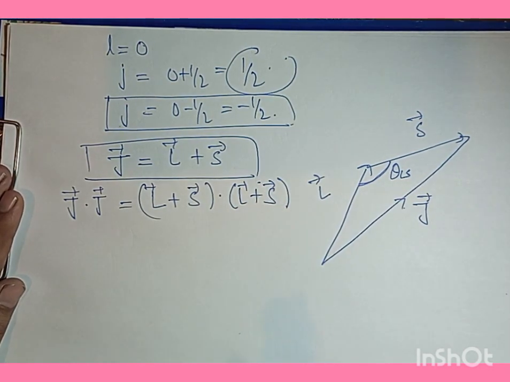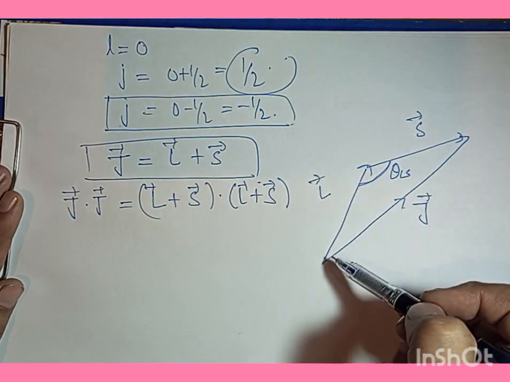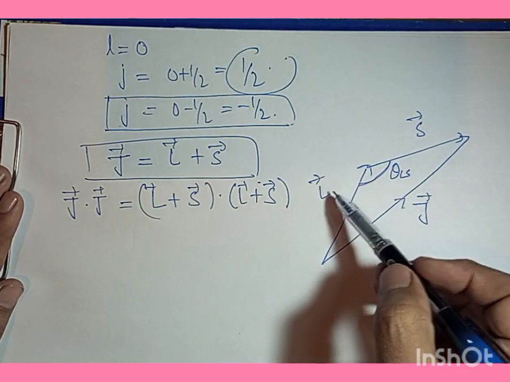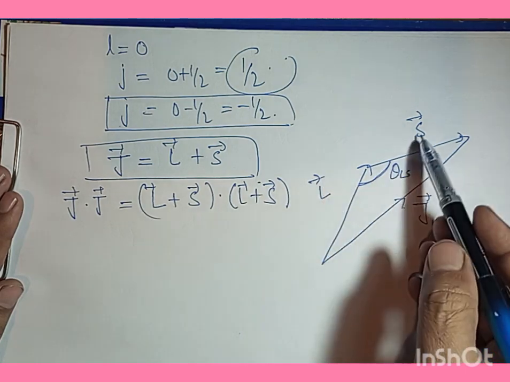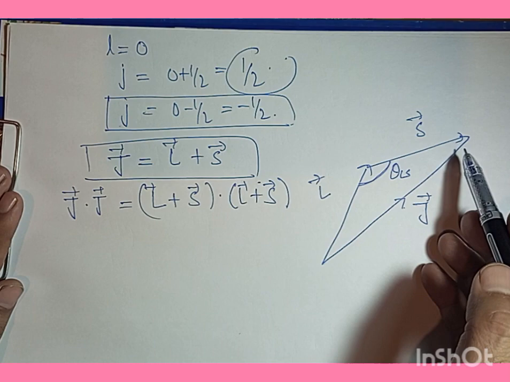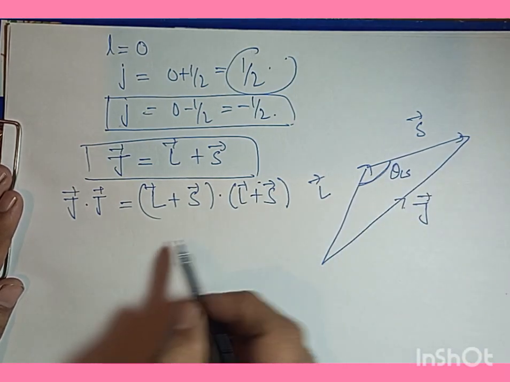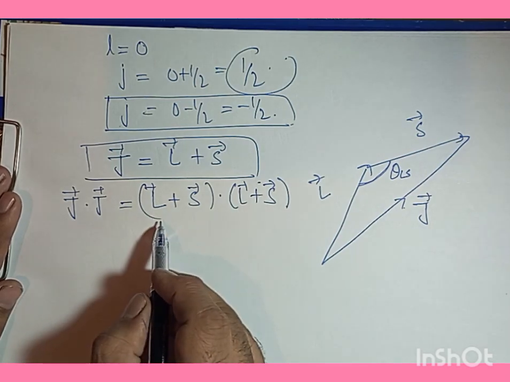The intuition here is that we want to calculate the angle between the orbital angular momentum and the spin angular momentum. In order to calculate that, we have taken the dot product.